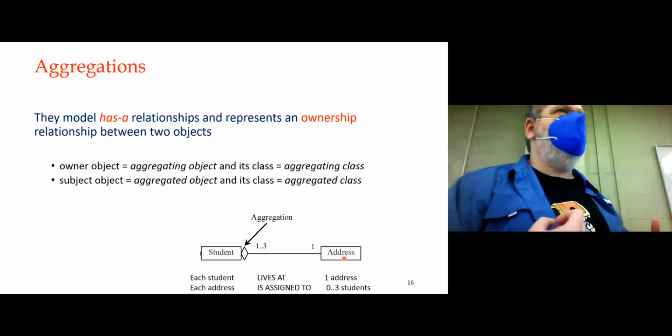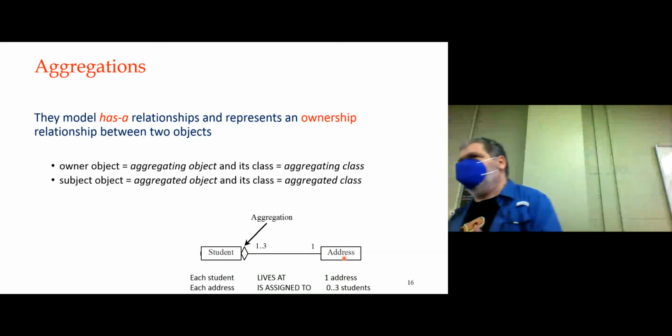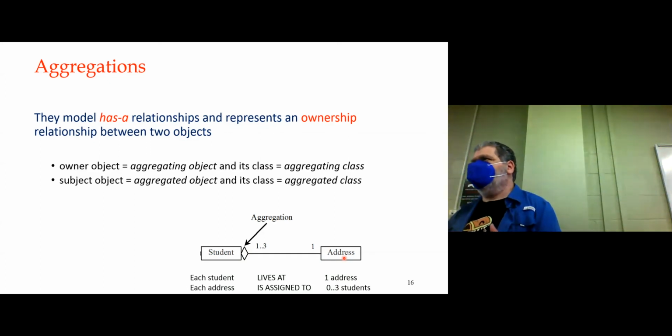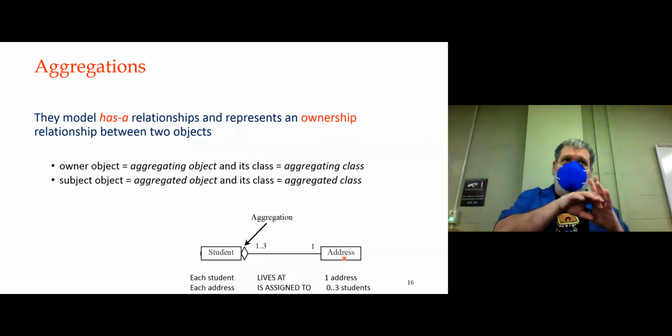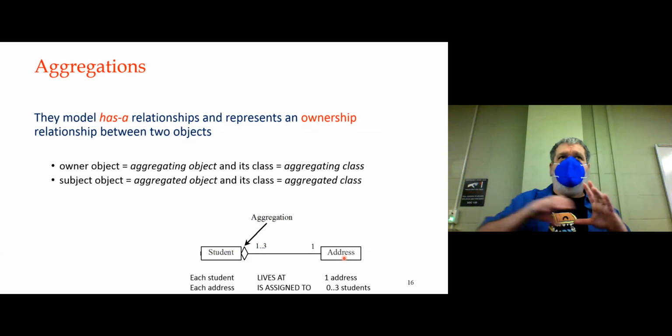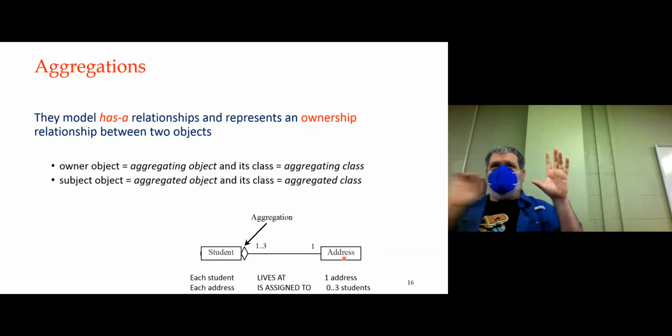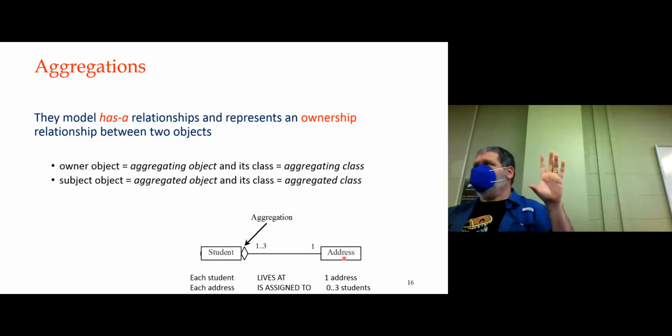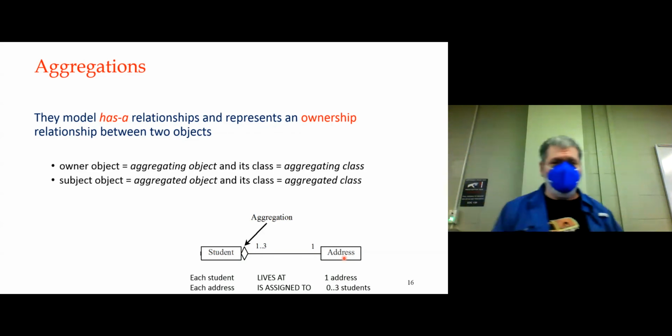So a student object, you can say, contains an address object. Again, that doesn't mean the address object is inside in memory, right? You know how this works. The two objects are separate. There's just a reference going from an attribute of the student object to the address object. That's how it works.